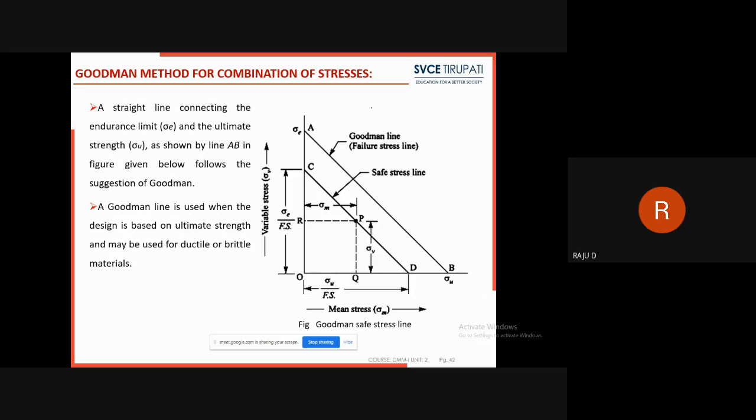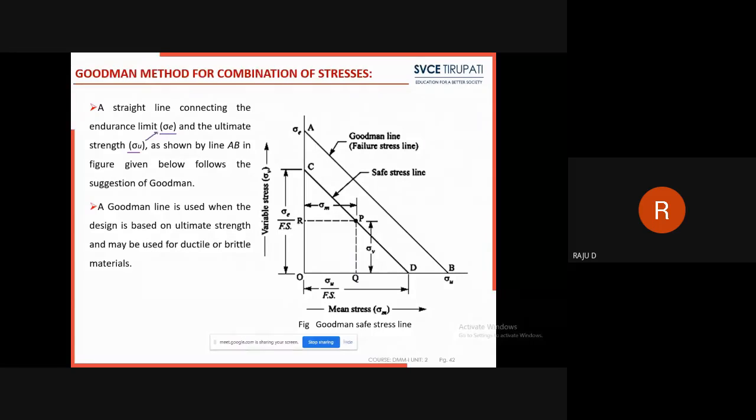All of you see this graph. So here we have to take the x-axis. First of all, what is the Goodman's line method? A line is drawn between sigma E and sigma U. This is very important. You just have to remember these two terms, then it is easy to remember in our exams.